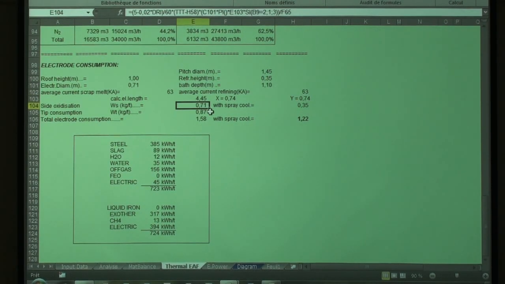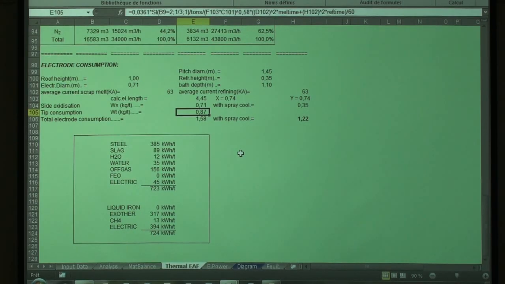Side oxidization is given by this huge formula, where I consider, in case of DRI, an improvement of the grams per kilowatt hour. Typically, it's 5 kilograms per kilowatt hour without DRI, and less with DRI. And the tip consumption.